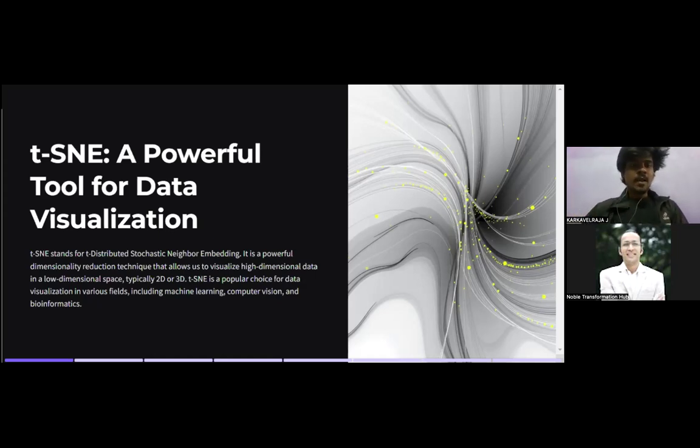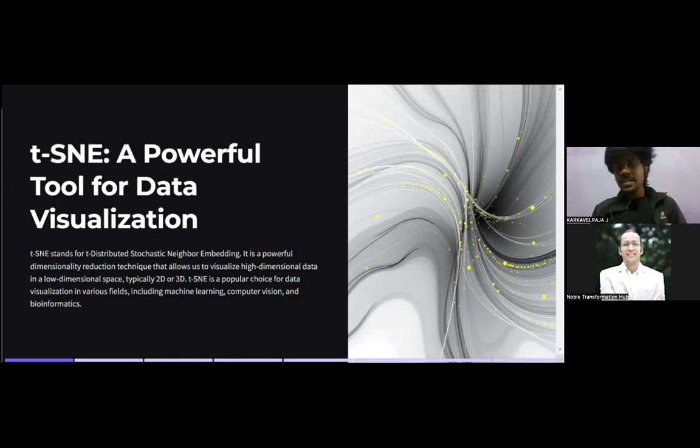I will say tSNE is a dimensionality reduction technique, but it also provides great visualization when you go for a higher dimensional data set. When you have a data set of only one dimension, it is easy to visualize. Two dimensions, it is somewhat easier. Three dimensions, it is somewhat complicated. Four, five dimensions, when it is more than three dimensions, it becomes more complicated for us to visualize.